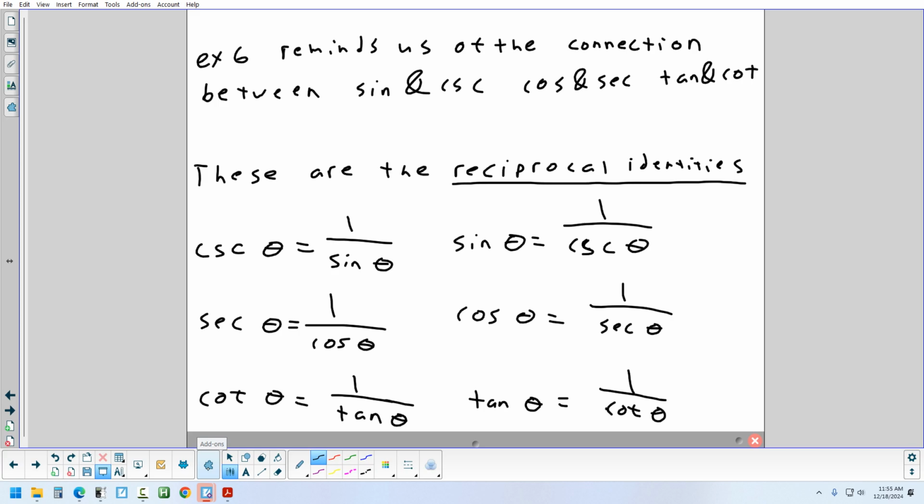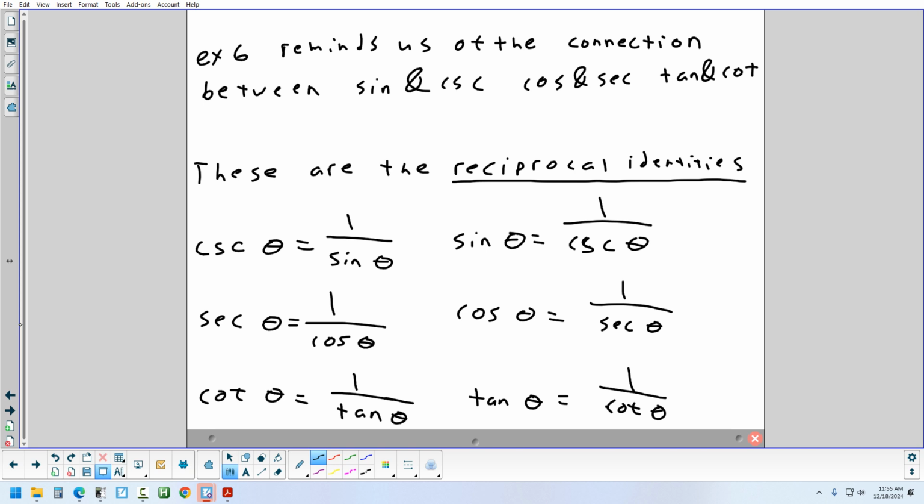If you take the cosecant and flip it, you get the sine. So if you flip it, it just keeps going back and forth. Flipping the cosine gives you secant. Flipping the secant gives you the cosine. Flipping the tangent gives you the cotangent. Flipping the cotangent gives you the tangent. So those are called reciprocal identities.